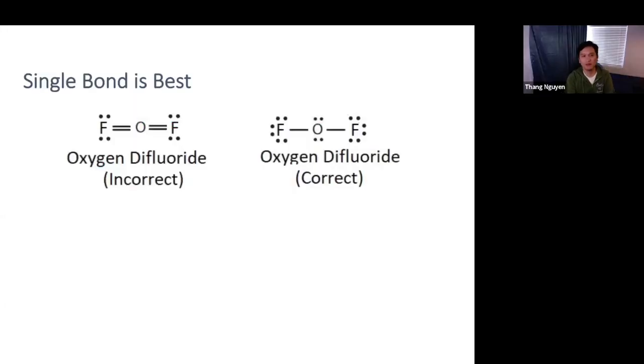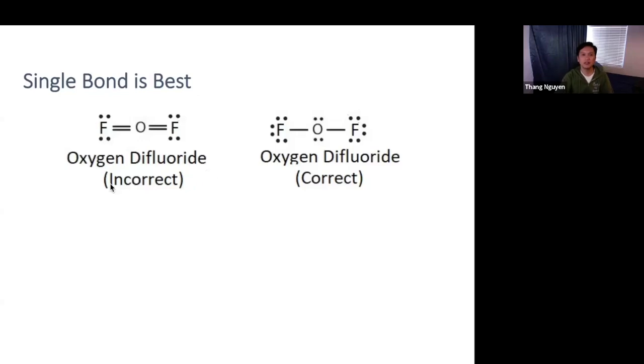The one final point I want to talk about before we move on from Lewis structure is that whenever you can draw a structure with single bonds, it is always better than a structure with double or triple bonds, even though in both cases they follow the rules of octet or duet. Right?